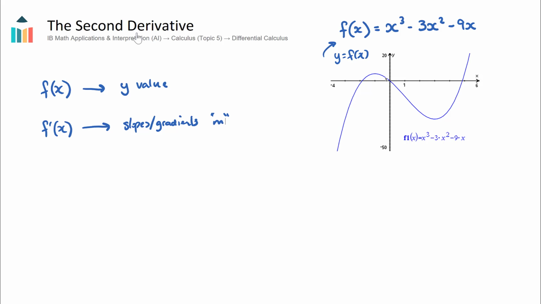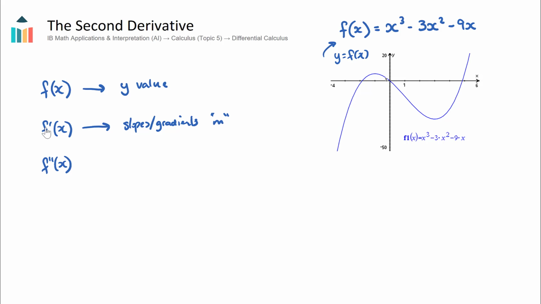Now the second derivative, which is the f double dash here, you can think about in a few different ways. The second derivative is the derivative of the first derivative, so it can be considered as the slope of the first derivative.